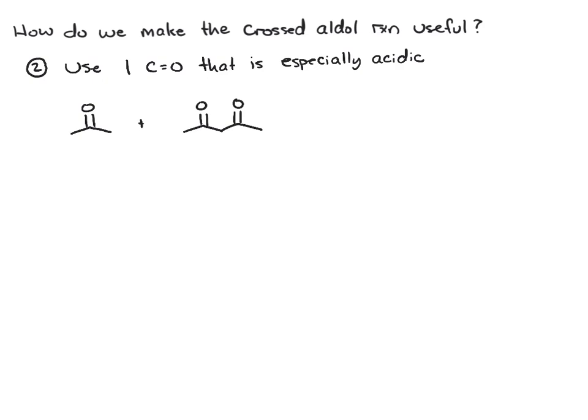Between these, if you think back to our discussion of acidity, both have alpha protons. I'll just draw in a CH3 on this one, but the pKas are vastly different. The pKa of the alpha protons on acetone is around 20, while the pKa of these alpha protons between the two carbonyls is about half that, at 9. So because that's the most acidic position, the enolate will form here.